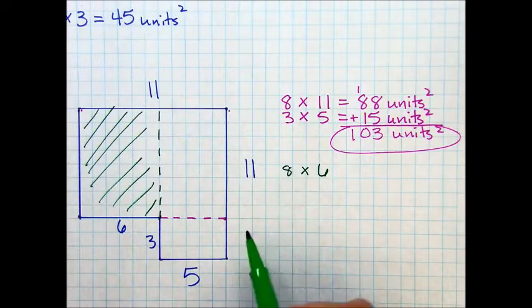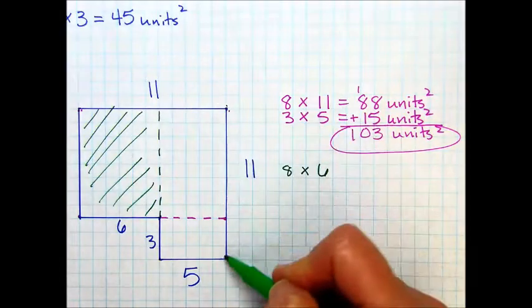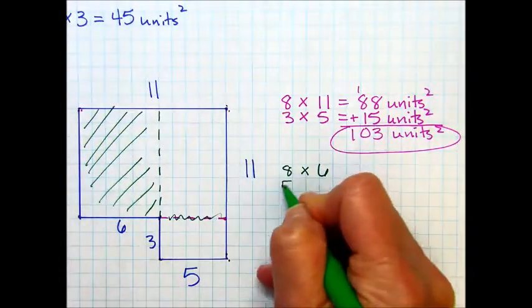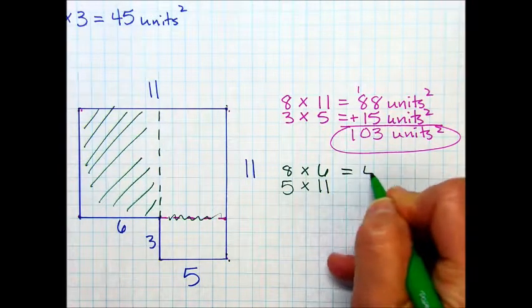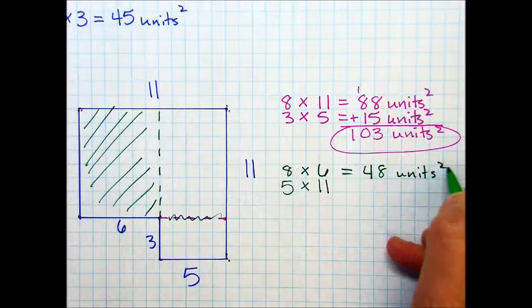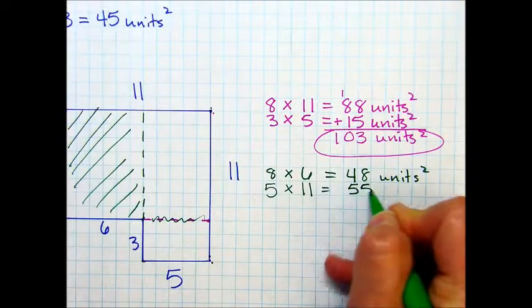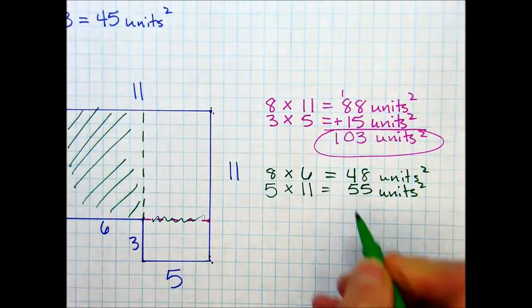And then the second rectangle will use the 5 and the 11. So we're not going to look at this line here. So 8 times 6 is 48 units squared. 5 times 11 is 55 units squared.